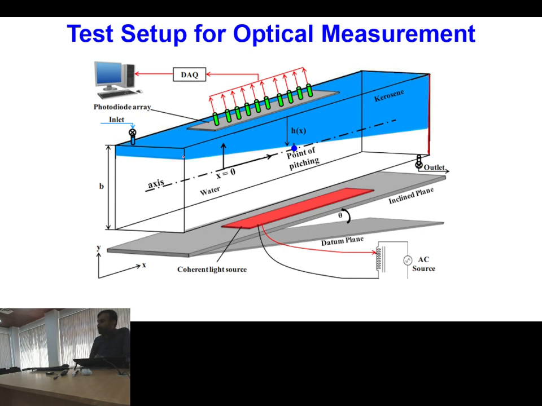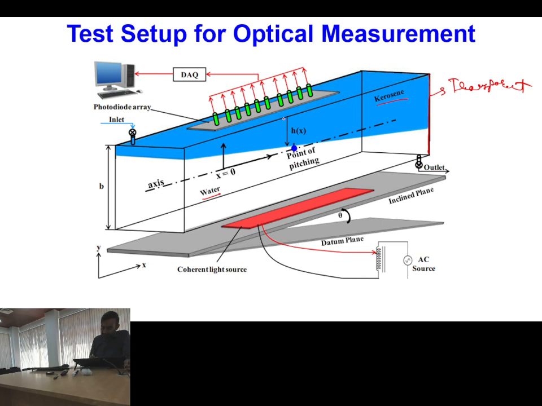In this case you have a rectangular tank, and this tank is again made of transparent material. Transparent material means you have access to light, as well as to a camera that you can use in order to determine the interface. So in this arrangement you have kerosene and water, and this central point is considered as the axis, and the different distances are measured from this central point.